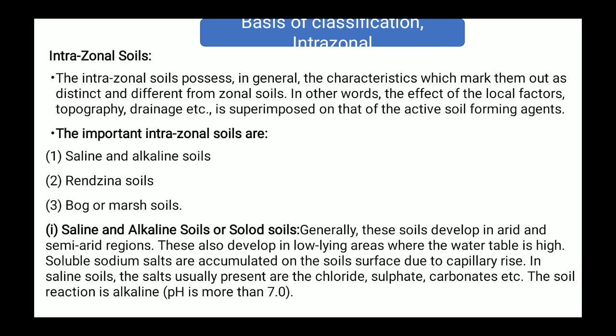Soluble sodium salts are accumulated on the soil surface due to capillary rise. In saline soil, the salts usually present are chlorides, sulfates, carbonates, etc. The soil reaction is alkaline and the pH is more than 7.